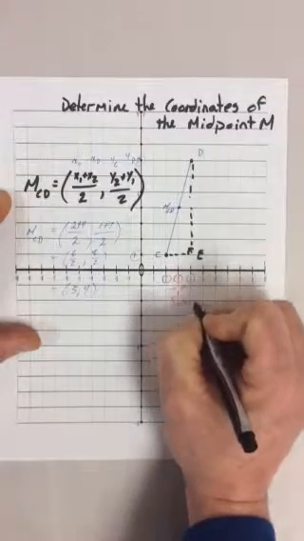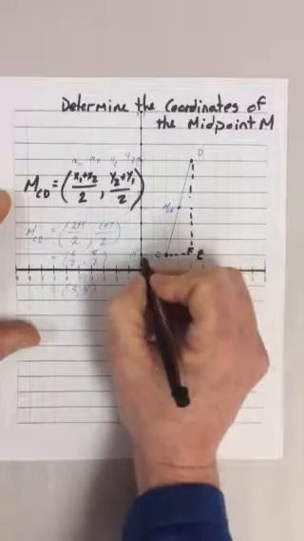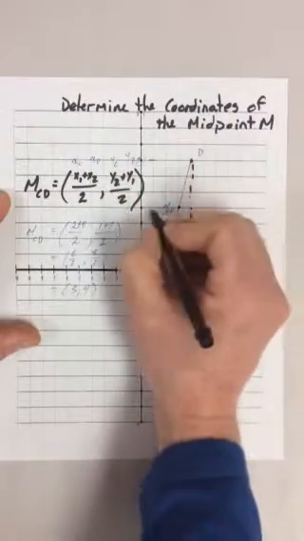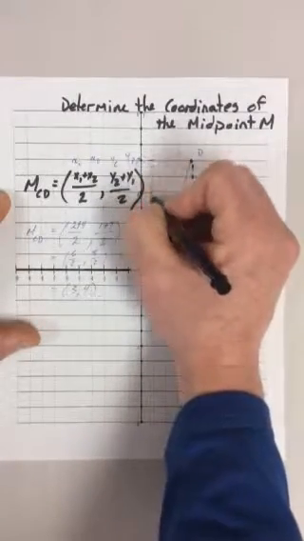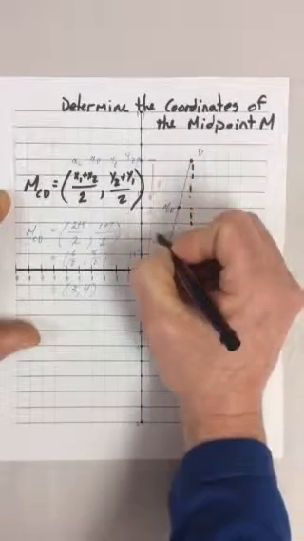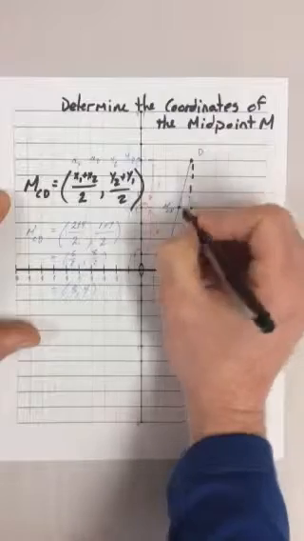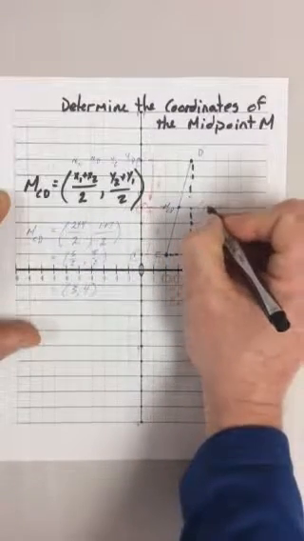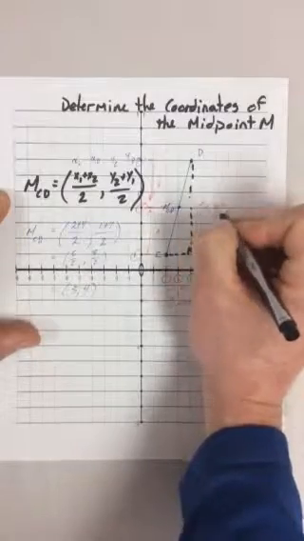And then halfway between 1 and 7 is 4. 3 this way, 3 this way, gives us this value here, 4. So that's why we have that coordinate point of 3, 4.